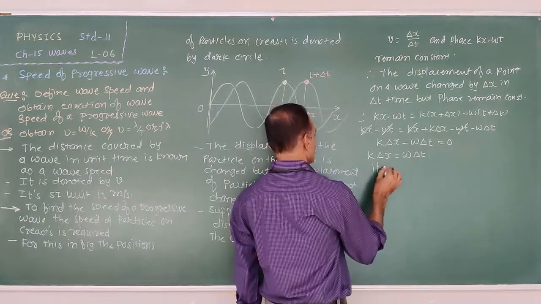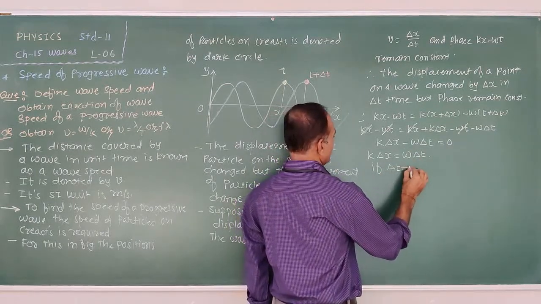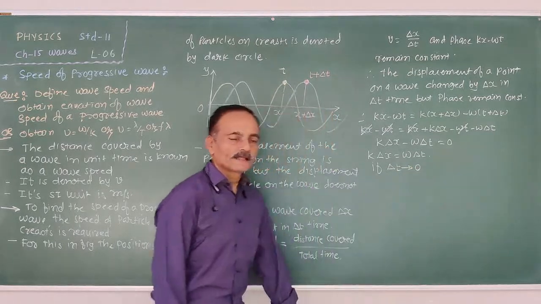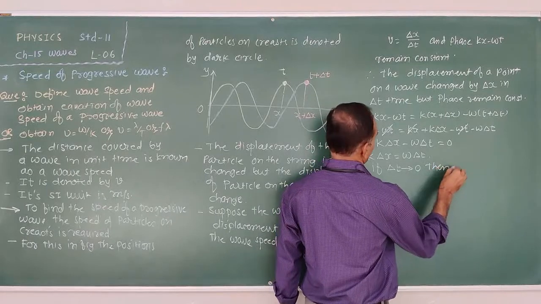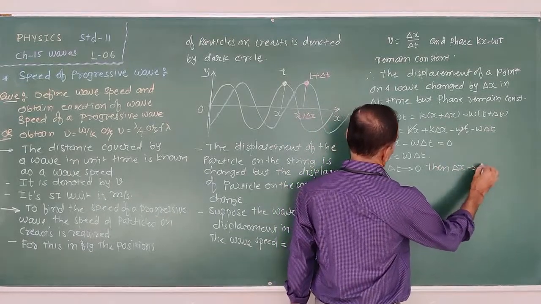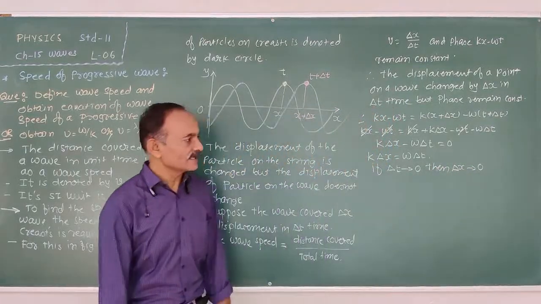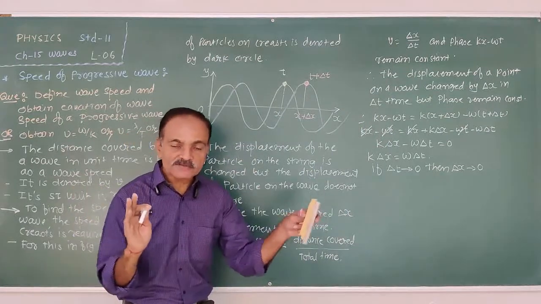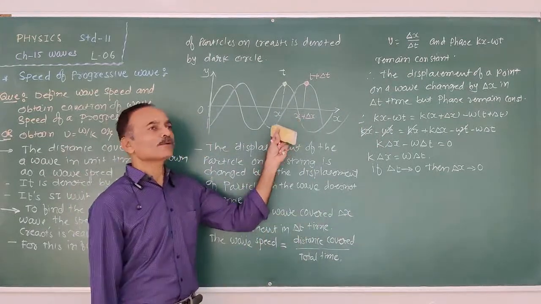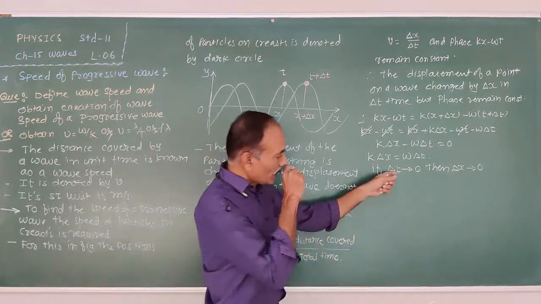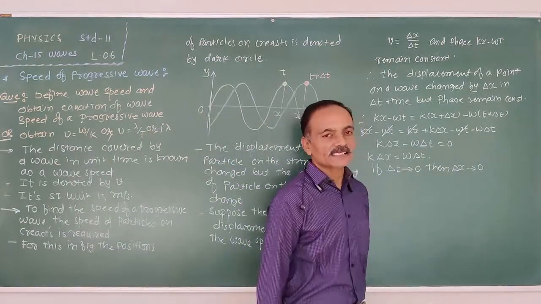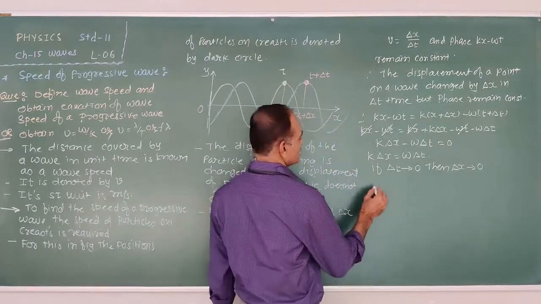If time interval delta t tends to 0, then delta x also becomes 0. It means as you consider time interval smaller and smaller, the displacement of a wave is also smaller and smaller. Therefore, as delta t tends to 0, delta x also tends to 0.